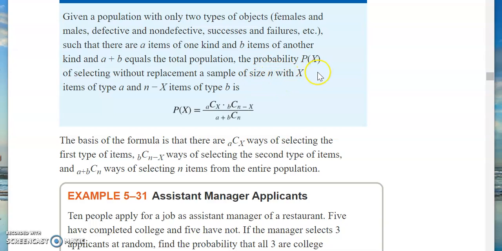We have X of type A and n minus X of type B. Do you see where that comes from? Let's say there are 25 altogether, and we pick X items of type A. If X is 3, how many do we have of the other type? Well, we have 25 take away 3. We have n take away X items of type B.